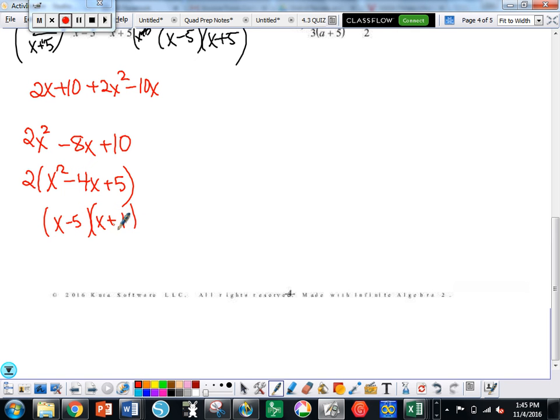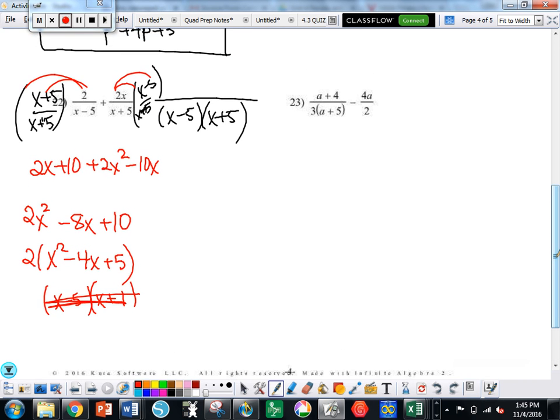Oh no, that's not going to multiply to the positive 5. So we don't have to worry about it. Which means our final answer is 2x squared minus 8x plus 10 all over x minus 5, x plus 5.